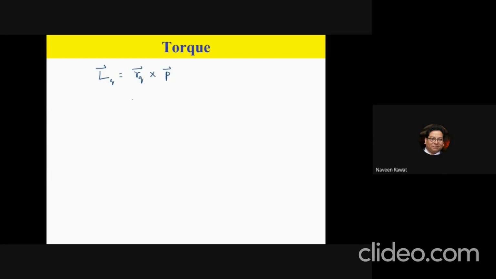And if I look at this change in angular momentum now, which is dL by dt, if I want to take the derivative, that would be dr by dt cross p, plus I will get r cross dp by dt. That is just the expression of taking the derivative on the right hand side.